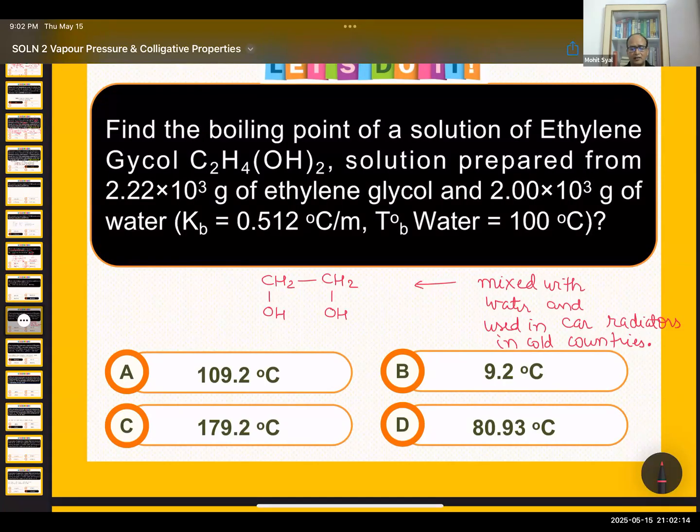So what theoretical explanation are you going to give for this? Tell me quickly. Why is it put along with the water into car radiators? Why not simply use water? What is the use of ethylene glycol?